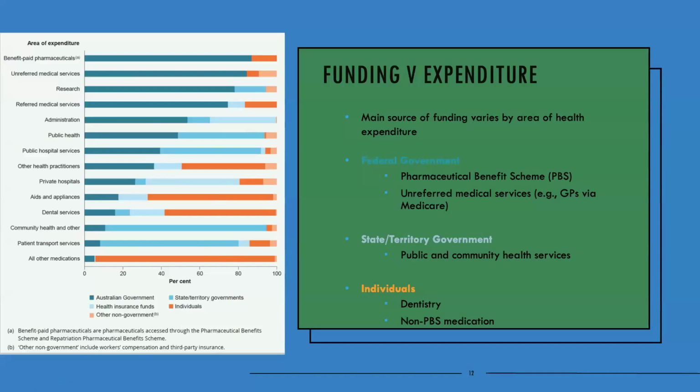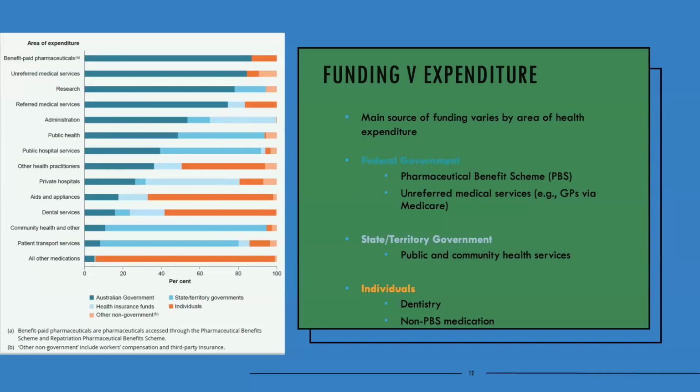Then you have public and community health services being mostly the business of state and territory governments, and specific things which are still under individual or private spending, not even insured, but people spending out of pocket, if I can put it that way.